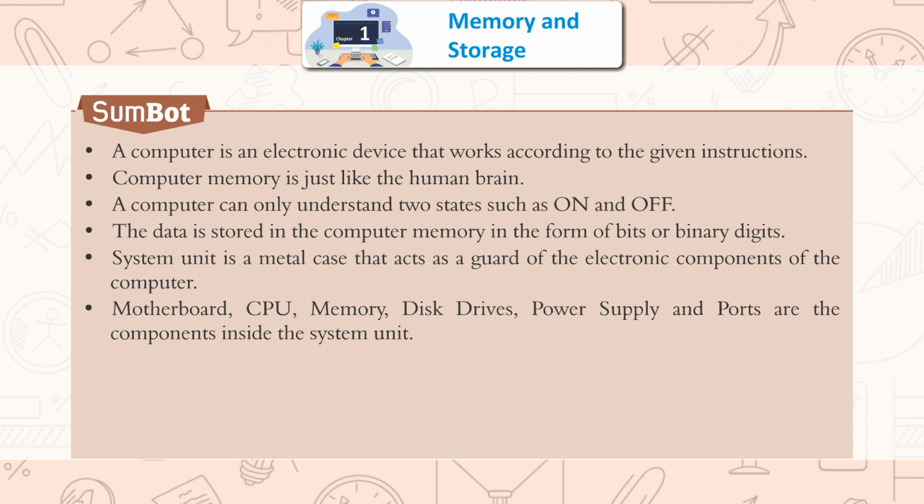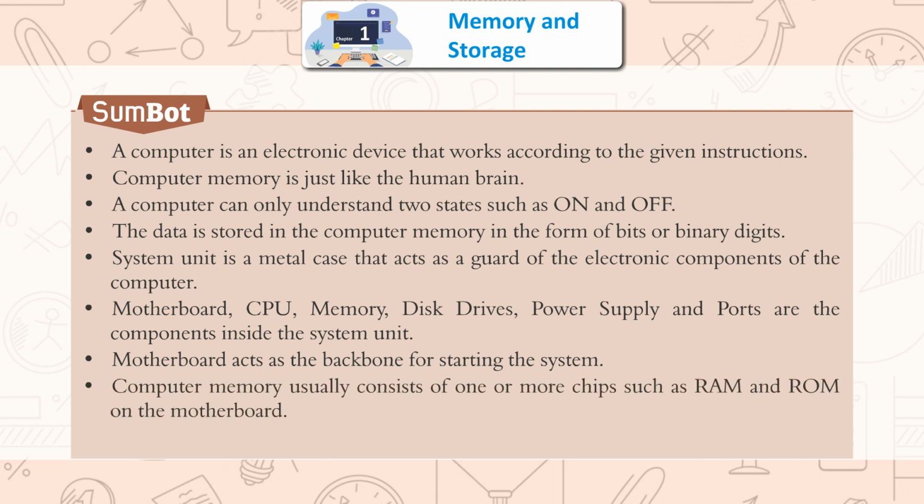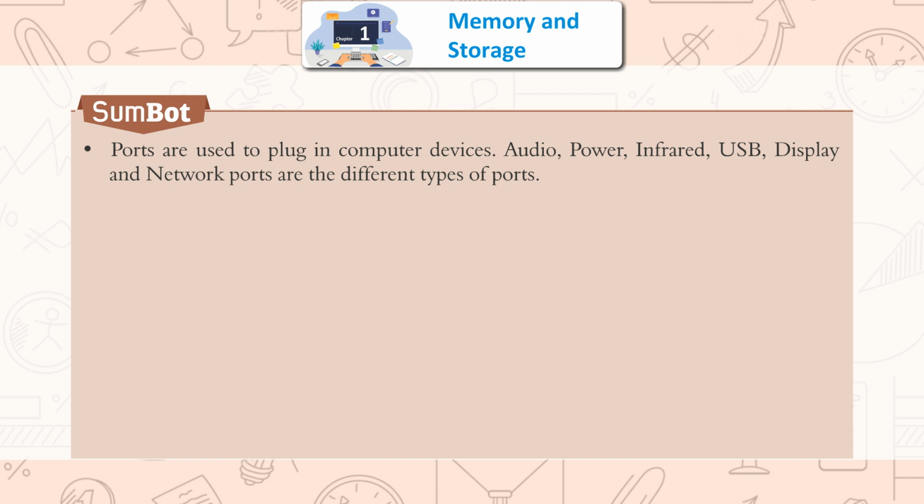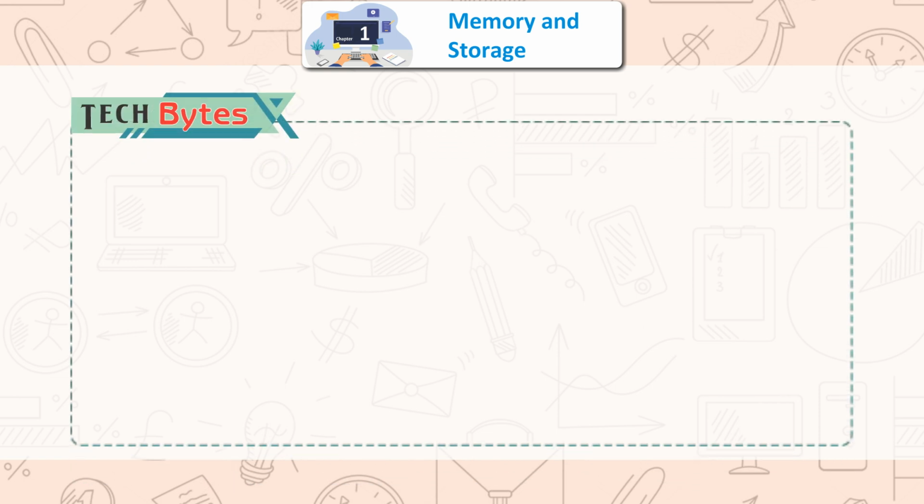Motherboard, CPU, memory, disk drives, power supply and ports are the components inside the system unit. Motherboard acts as the backbone for starting the system. Computer memory usually consists of one or more chips such as RAM and ROM on the motherboard. There is a fan fitted inside the SMPS that keeps the power supply cool. Ports are used to plug in computer devices. Audio, power, infrared, USB, display and network ports are the different types of ports.